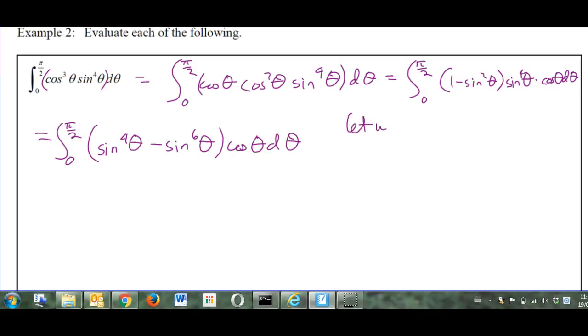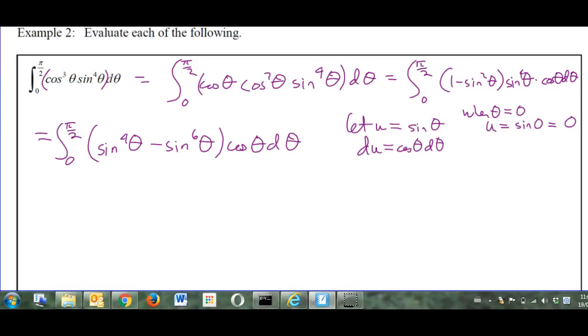Let u equal sine theta. Then du is cos theta d theta. And now we say when theta is equal to 0, u is equal to the sine of 0, which is 0.